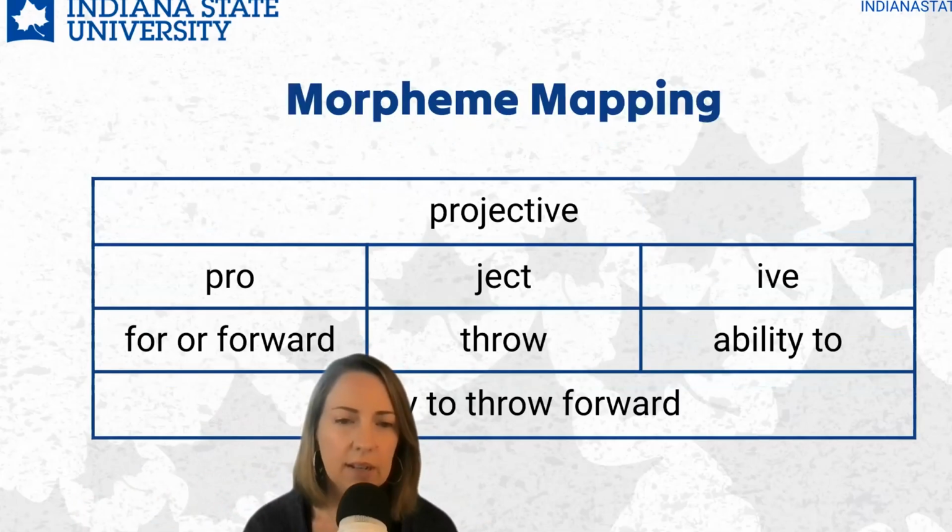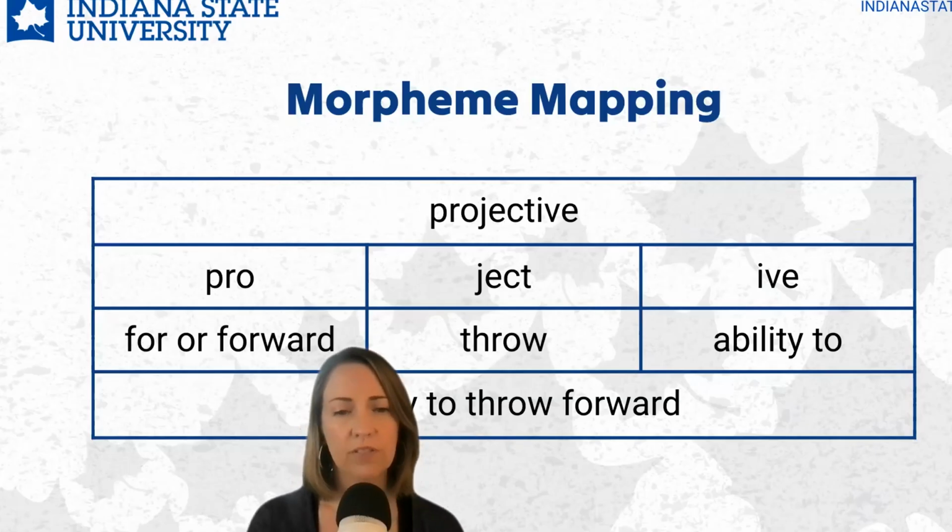This is an activity that is especially great for science, which utilizes a lot of Latin words. It's called morpheme mapping, and you break each word part up into its morpheme or its unit of meaning. For example, the word projective: the prefix is pro, which means for or forward.